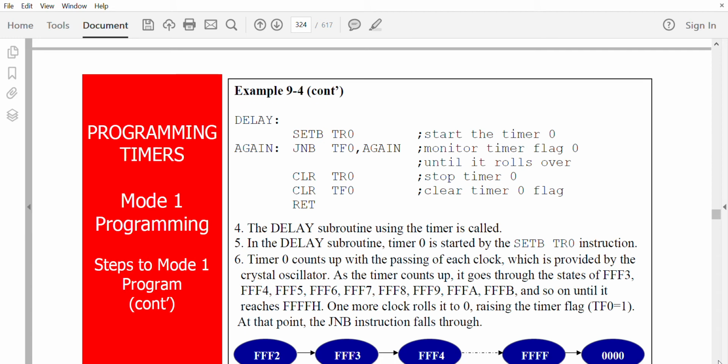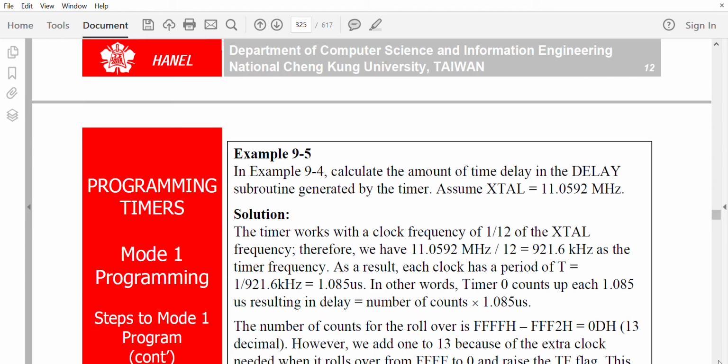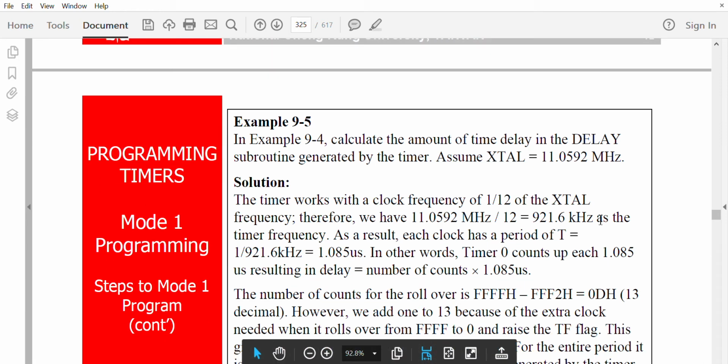So the timer frequency is 921.6 kilohertz, and as a result the clock has a time period of T equal to 1 by 921.6, that is 1.085 microsecond. Okay, so we have the time period of one clock period.